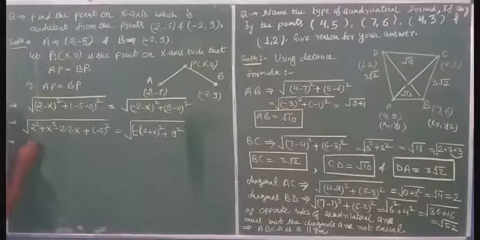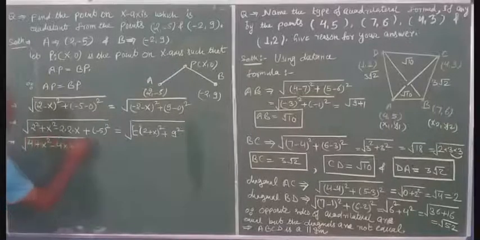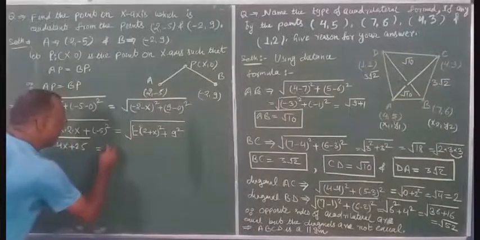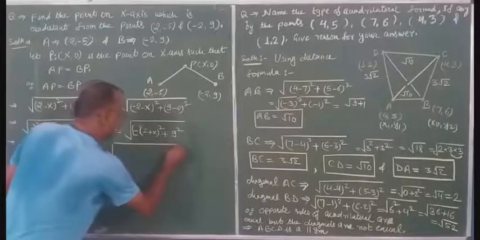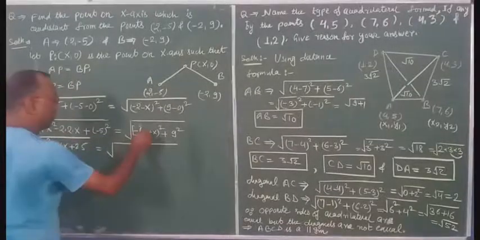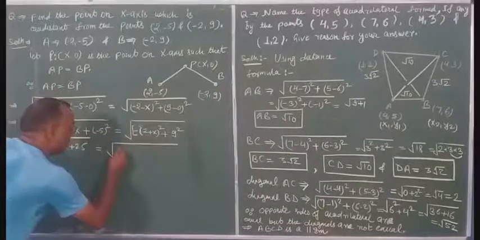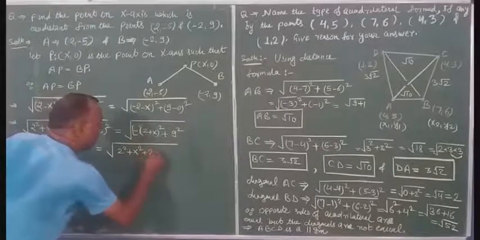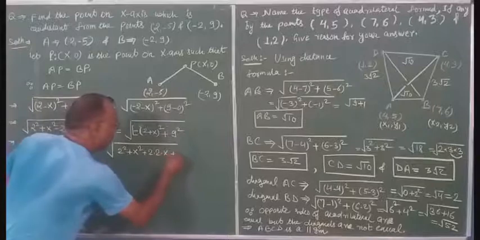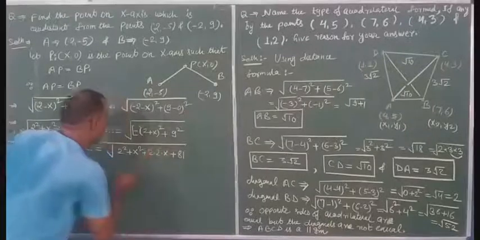Just look here. 2 square is 4, plus x square, minus 4x, plus 25 is equal to, this minus square becomes plus: 2 square plus x square plus 4x, plus 9 square is 81.